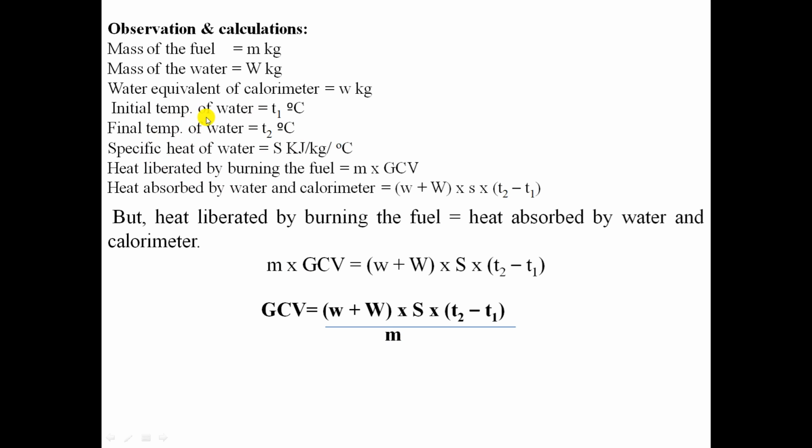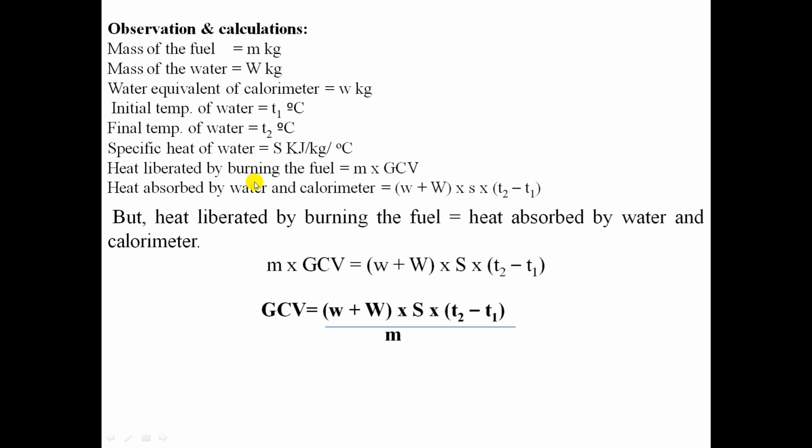Here the initial temperature of water is the temperature of water before igniting the fuel. Then the final temperature of the water is the temperature of water after burning of the fuel. Then specific heat of water is equal to S kilojoule per kg per degree Celsius.